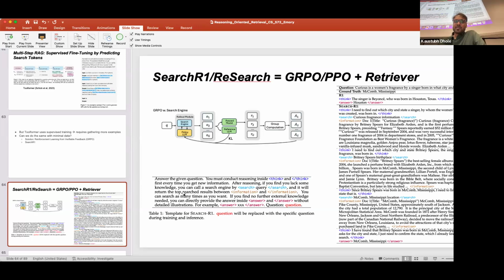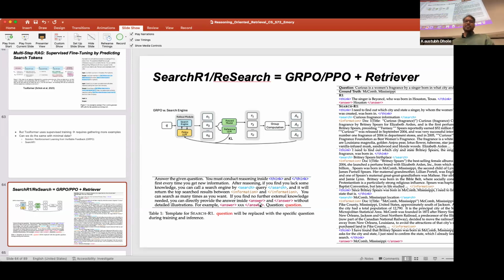And after reasoning, if you lack some knowledge, you can call a search engine by the search tokens, and it will return the top search results between the open information and closed information. So you can search as many times as you want, and if you find no more external knowledge needed, then you can generate these close answer tokens.